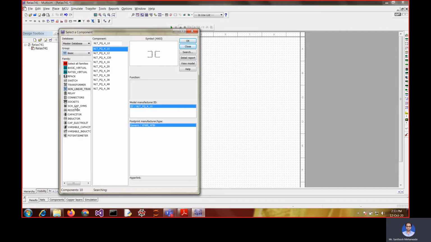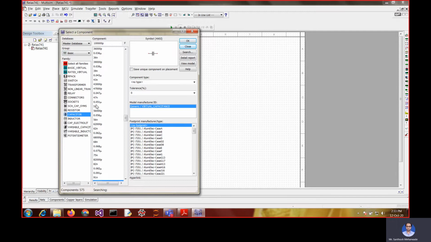In the basic, I am going to use the capacitor first. Here you can see that multiple values are there, so you can search for 0.1 microfarad. Here it is, our 0.1 microfarad.